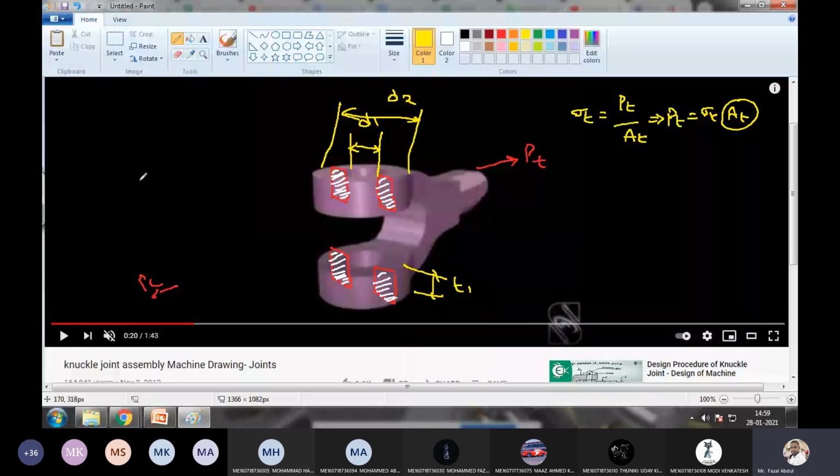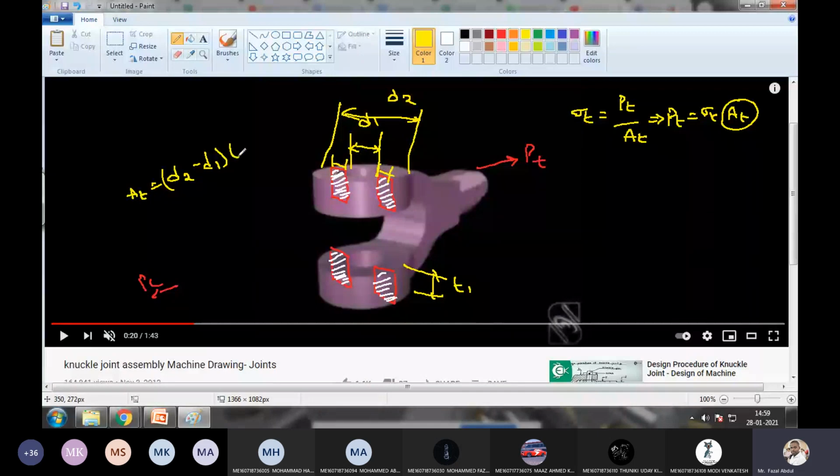See here the area. Only the hashed portions drawn, that area only we need to consider, not the entire thing. If we subtract D1 from D2, D2 minus D1, we will get the width of the rectangles. Then what is the thickness? The thickness is T1.